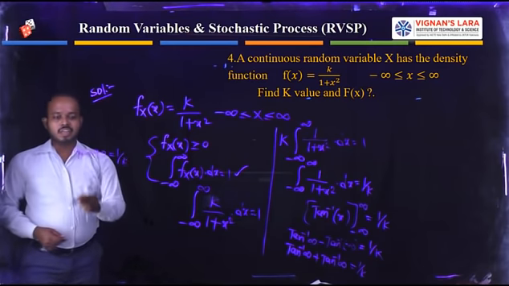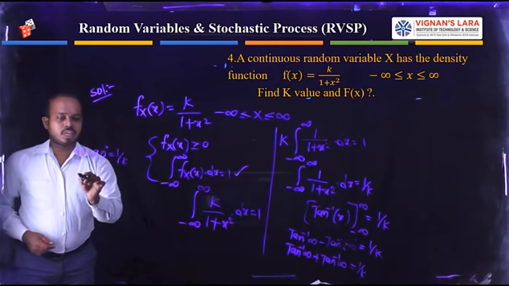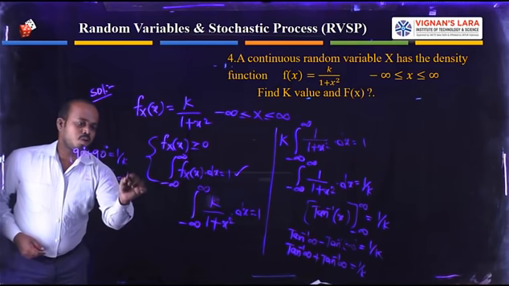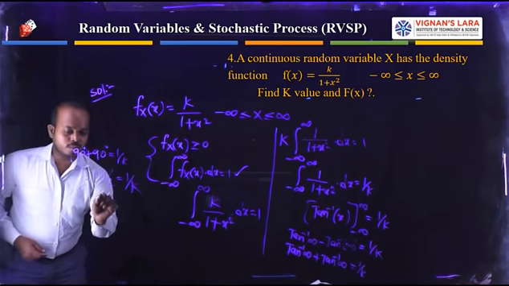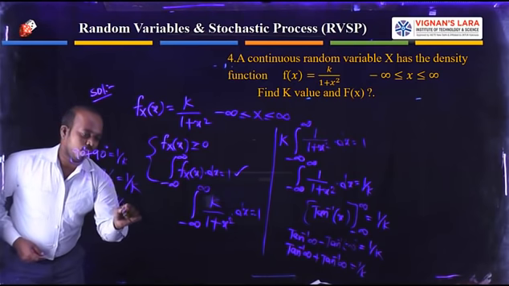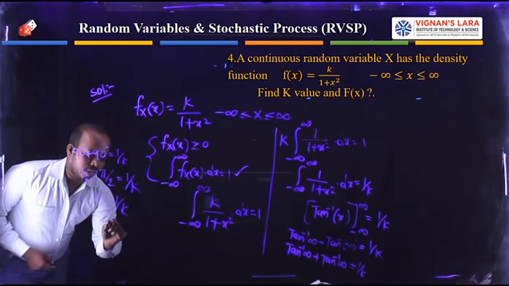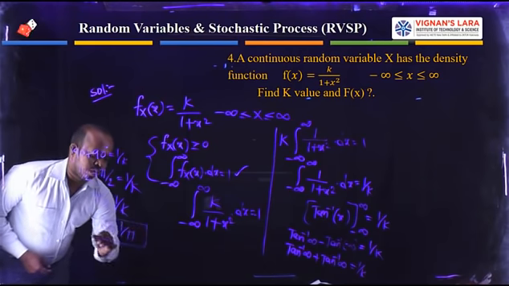Here 90 indicates degrees, so I'm writing it as pi by 2 plus pi by 2 is equal to 1 by k. From this we write pi is equal to 1 by k. From this I am writing the k value is 1 divided by pi.